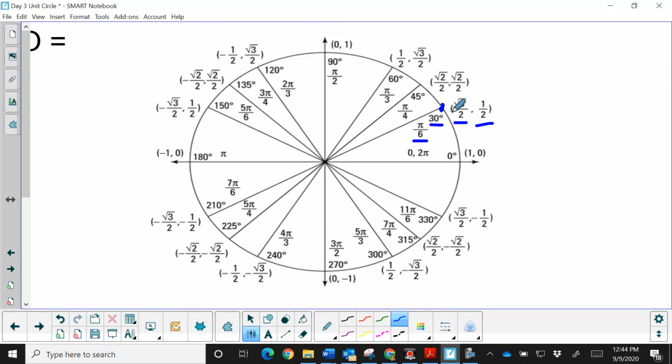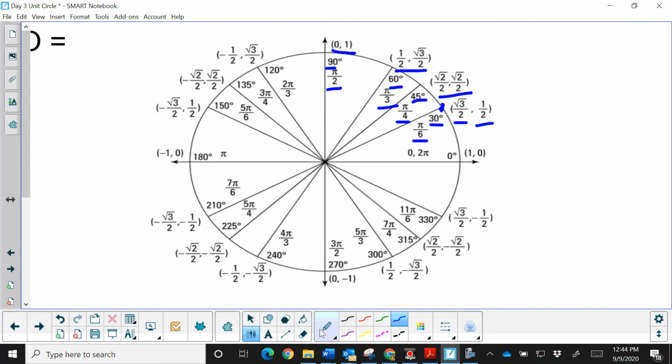So you've got a radian, a degree, and an ordered pair, all the way around the circle. As you do this, you'll need to have this memorized.